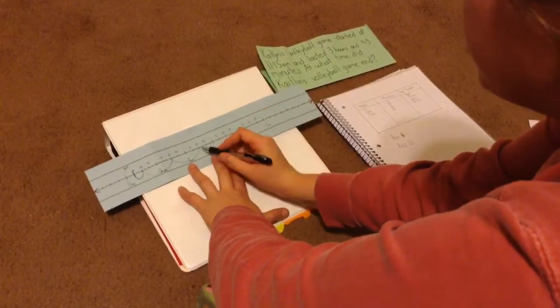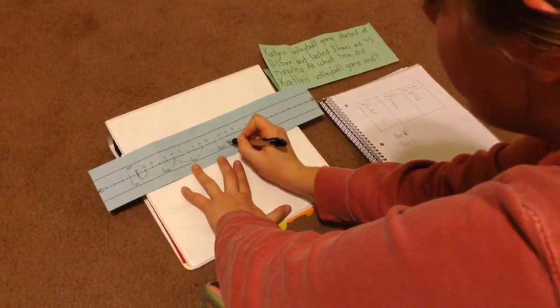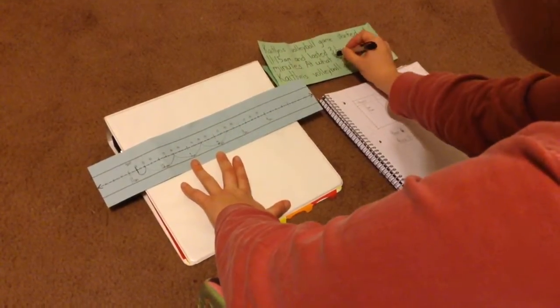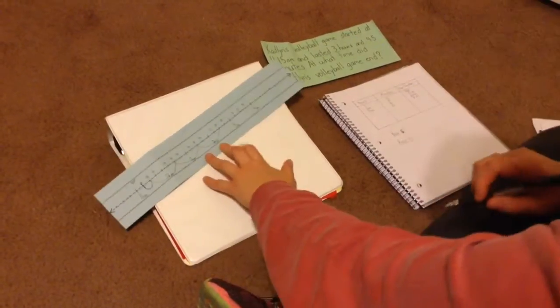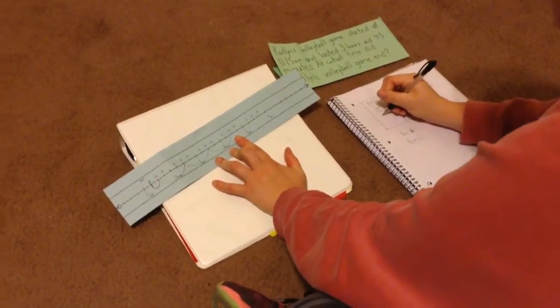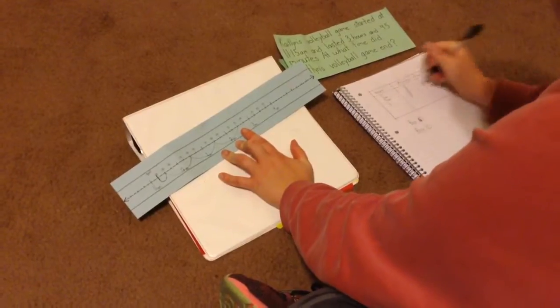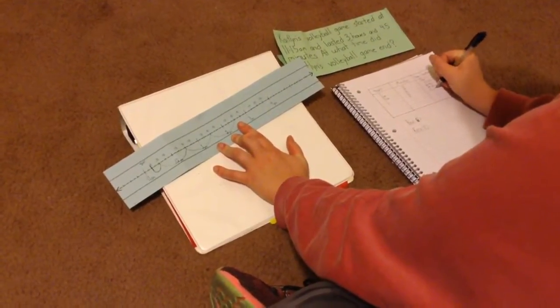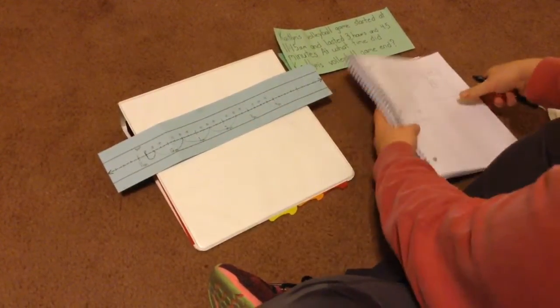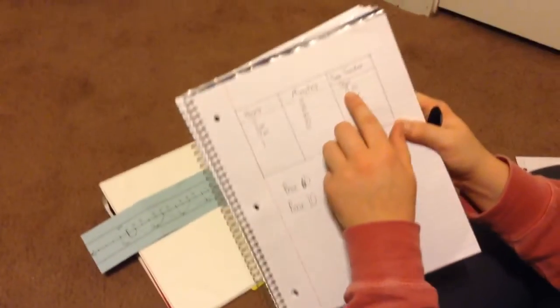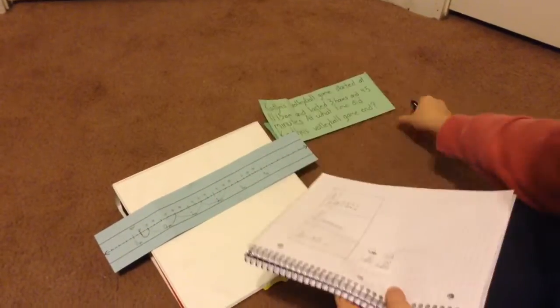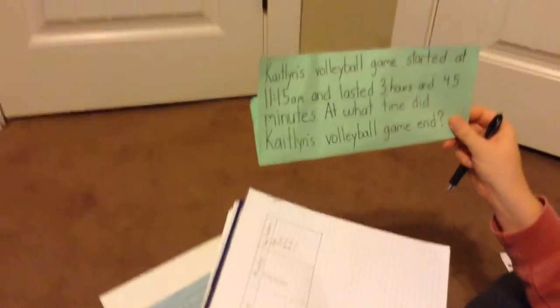And now I'm going to jump 1 more hour because I know the game lasted 3 hours. Now we are at 2:30. And that is another 60 minutes. Now we know we've gone 3 hours and 15 minutes. But our problem says the game lasted 3 hours and 45 minutes.